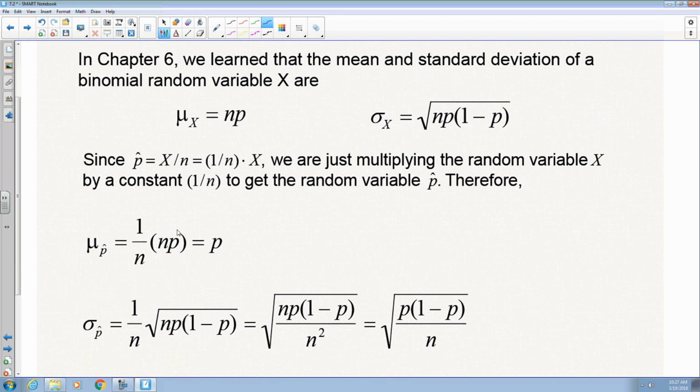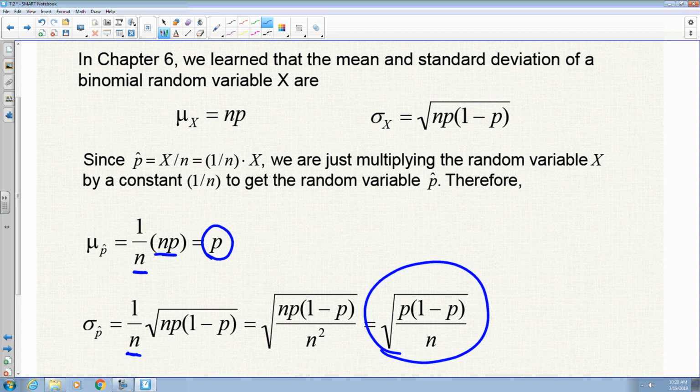Similarly, we can get the mean and standard deviation of the proportion p hat, knowing that p hat is equal to the number of successes over n. If we take 1 over n and multiply it by np, we're left with just p. And then if we do 1 over n on what we already had for the binomial, everything simplifies. We get the square root of p times 1 minus p all over n.